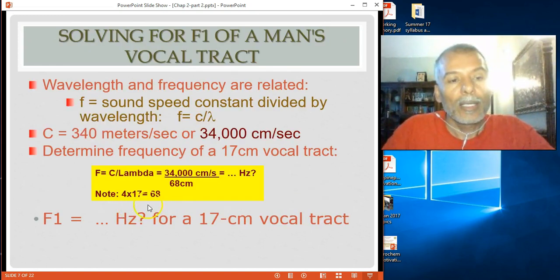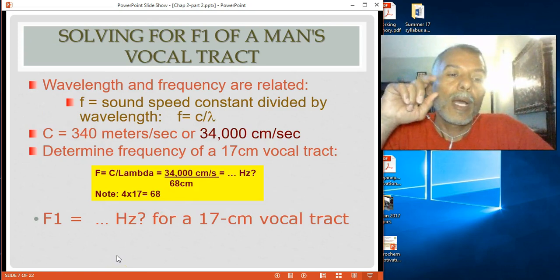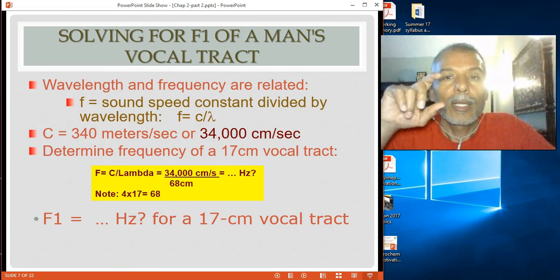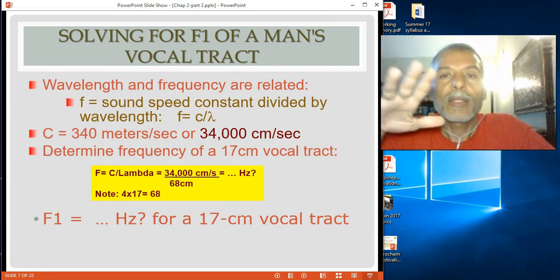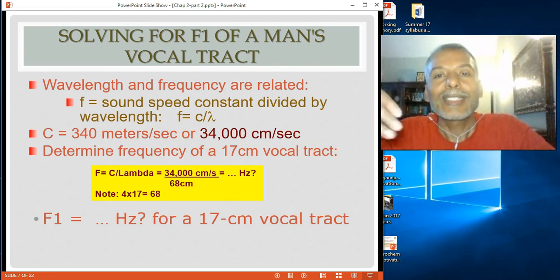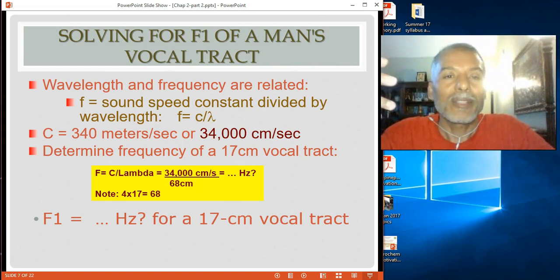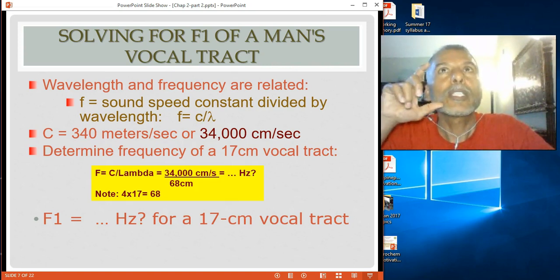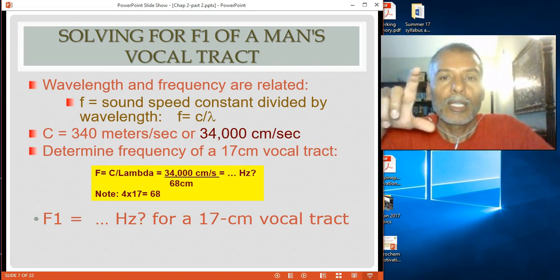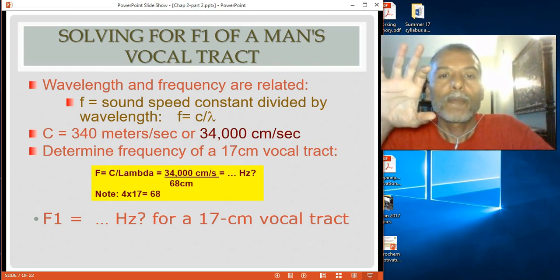In this case, the fundamental, the first harmonic, is going to determine everything that comes after it. In that case, it will take the place of the fundamental frequency. So we know now the best response for the vocal tract, which is going to determine everything else, is 500 hertz.